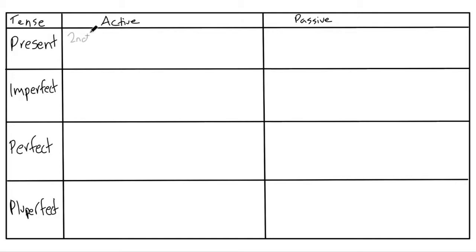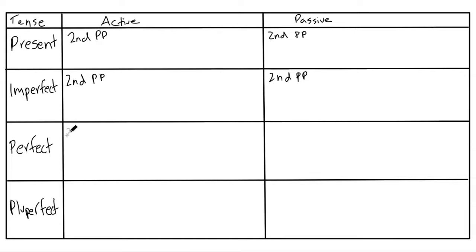So the present active starts with the second principal part, as does the present passive. So does the imperfect active and the imperfect passive. So they all start with the second principal part.